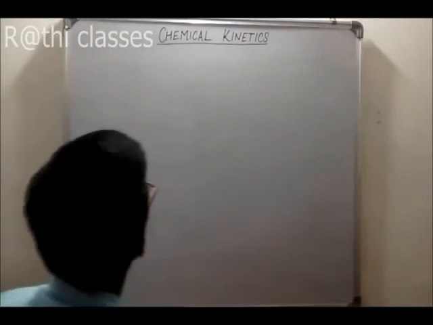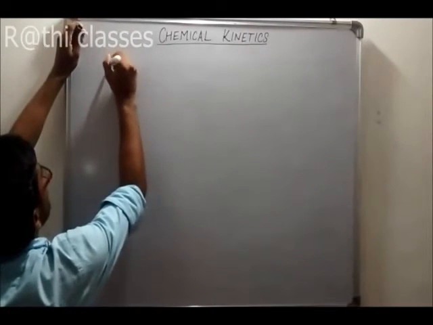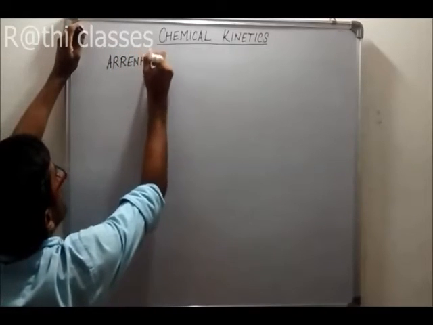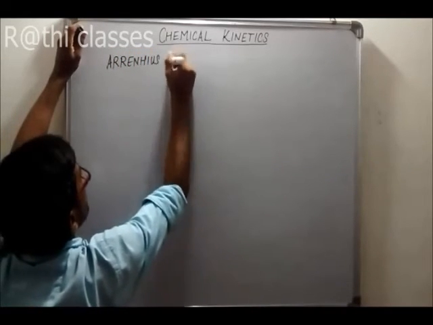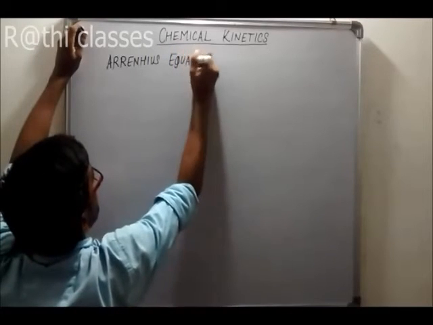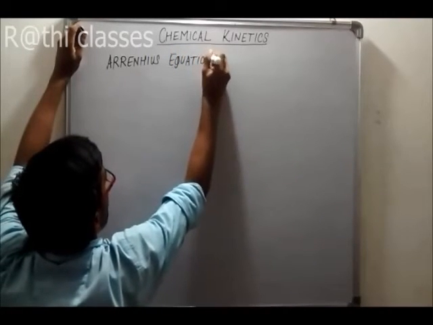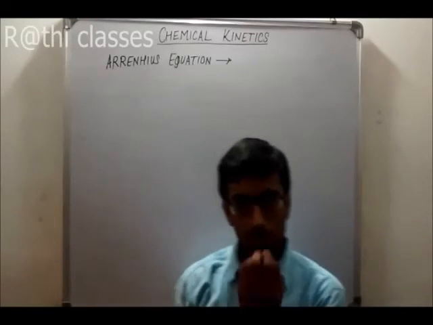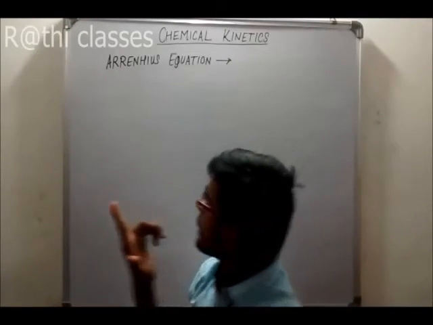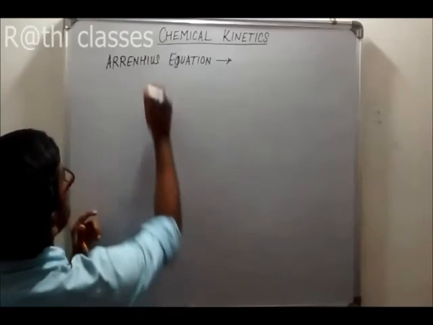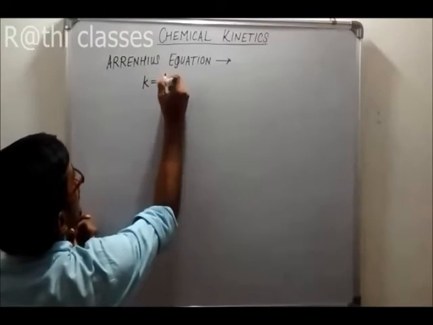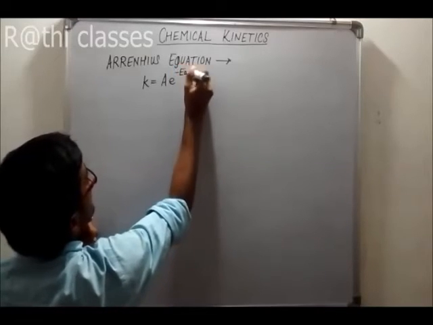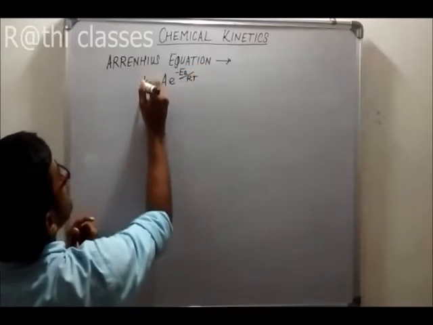Now, the Arrhenius equation. Arrhenius found a relation between the rate constant and temperature, which is K equal to A e to the power minus Ea upon RT.